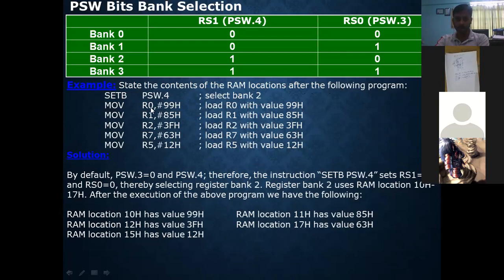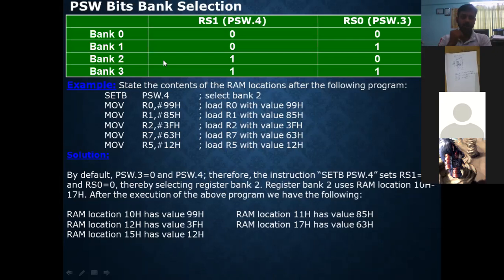Whenever PSW4 is set, you know that bank 2 is selected. So you need to find the address of all the registers of bank 2. Bank 2 starts from 10 and goes up to 17H. The address of the R0 register will be 10H.